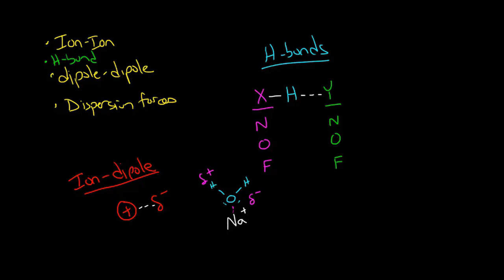Every single interaction between sodium and the negative end of oxygen is an ion-dipole. And as it turns out, sodium makes a number of these ion-dipole interactions, which collectively makes it a strong intermolecular force, strong enough that it can break apart the ion-ion interaction between sodium and chloride.